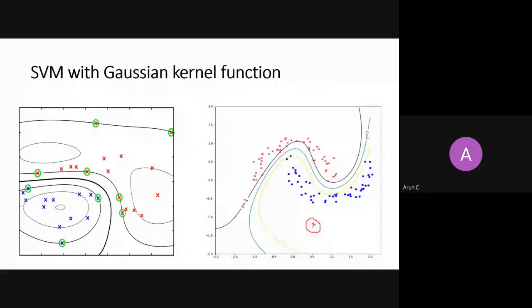If you are not ready to accommodate these points, then your hyperplane could look like this. It will go from here, then from here, then from here. But if you are okay to accept this one error, then this is the same hyperplane you can see. Sometimes it is okay to accommodate some error to improve your generalization. That's what I am trying to say here.